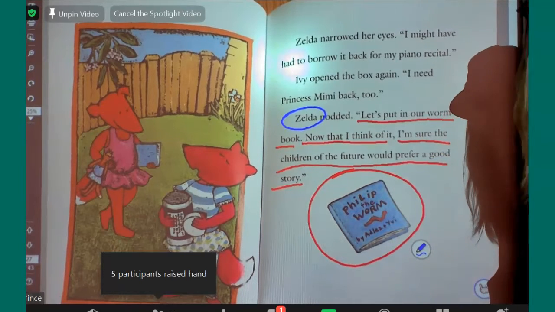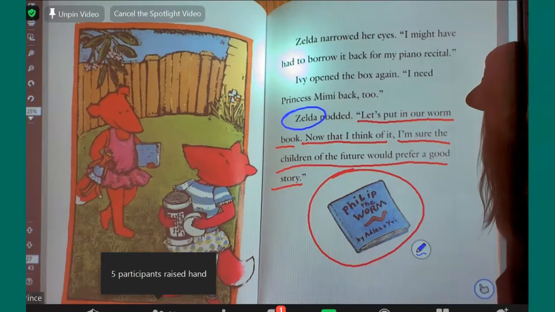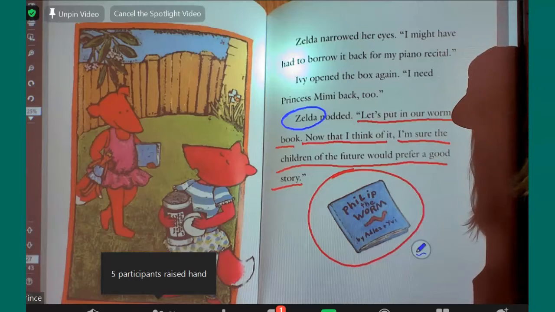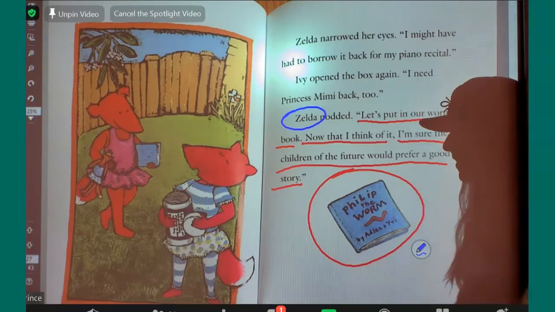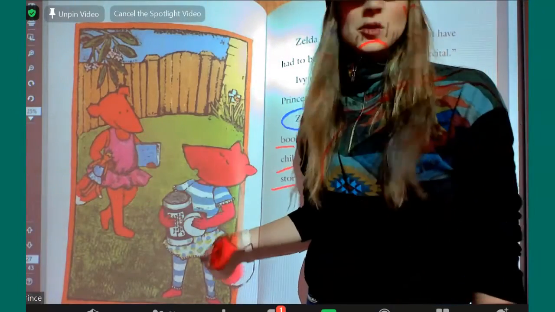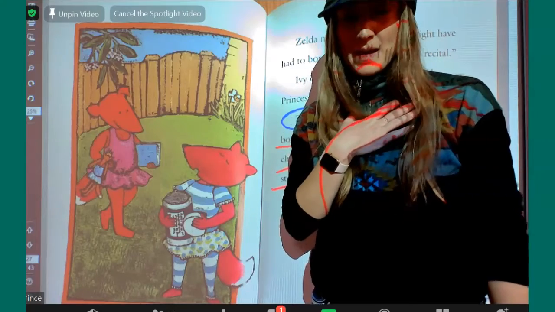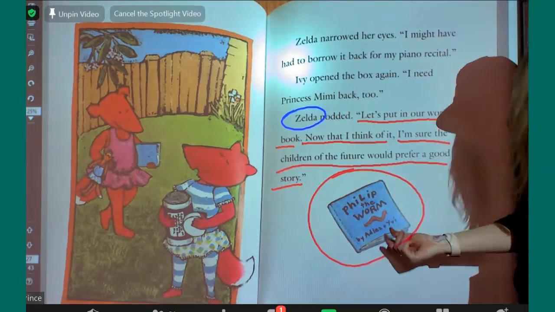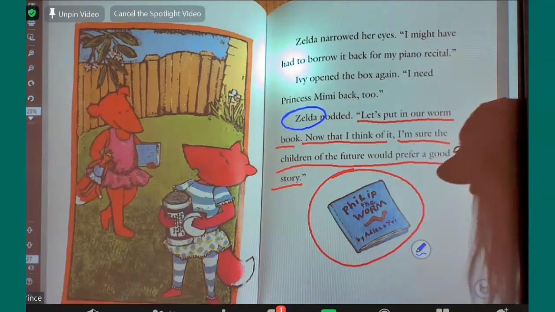Because they didn't want to put away the favorite toys, and they thought the worm book would be better. Yeah, I think they decided that this doll is too special and the jewel is too special, so they wanted to keep it, and instead they put in a book that they thought other people would like.